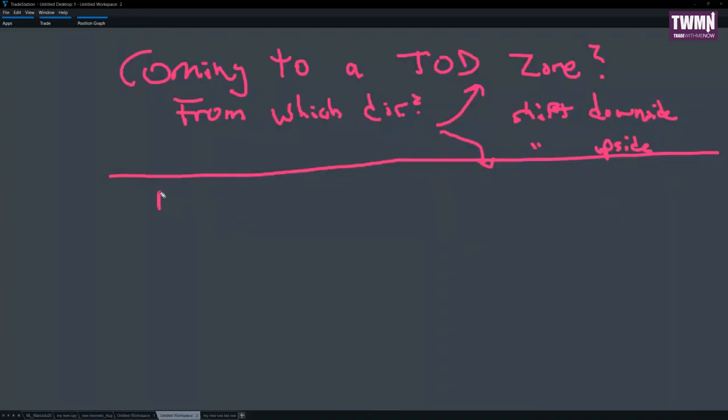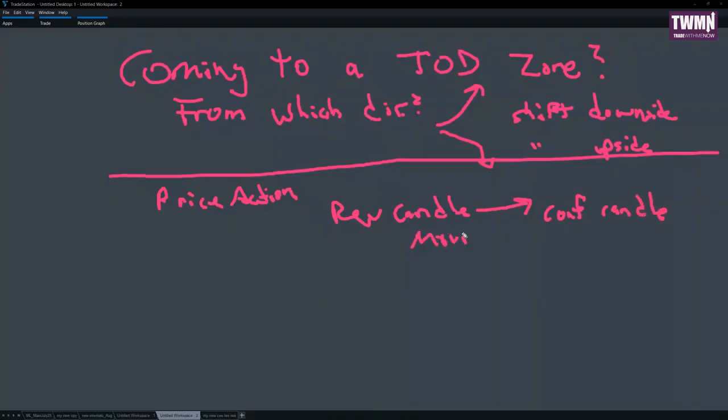Then you look for price action, which would be very simply a reversal candle followed by a confirmation candle. If you get that, then you want to see the moving averages cross. That's the 3 and the 5, or 5 and 3 if you're going to the downside.